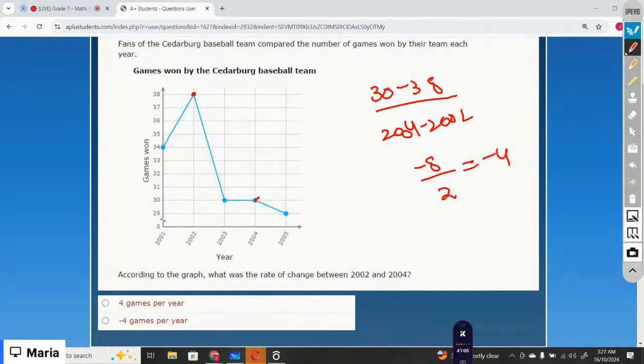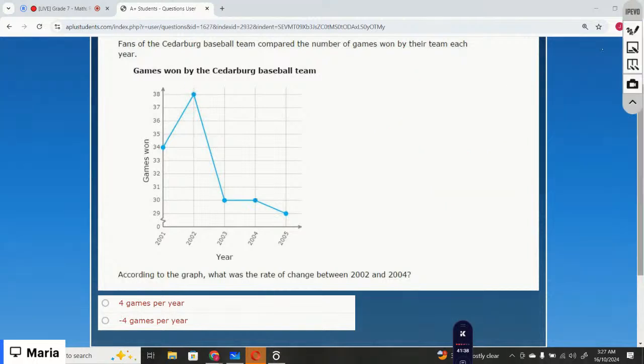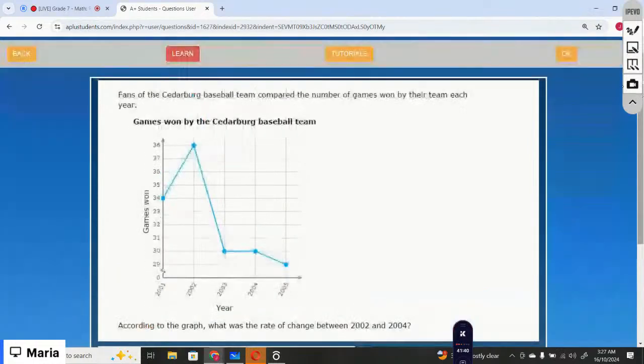So, the correct option is negative 4 games per year. That is negative 4 games per year. Option number 2 is the correct option.